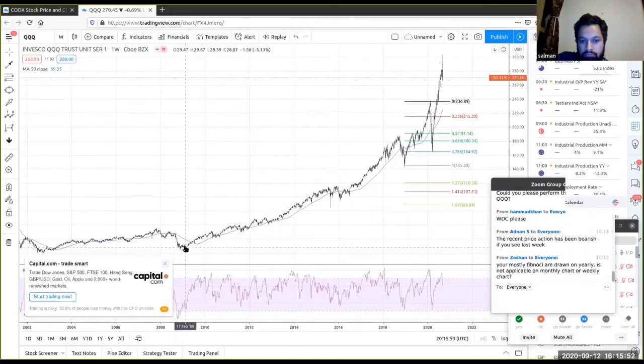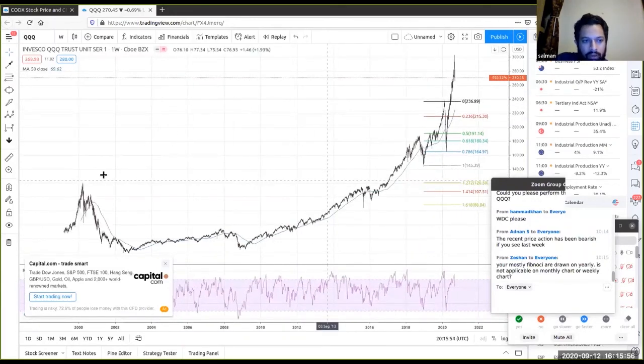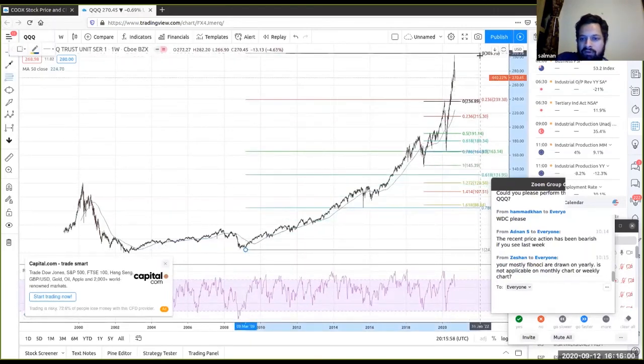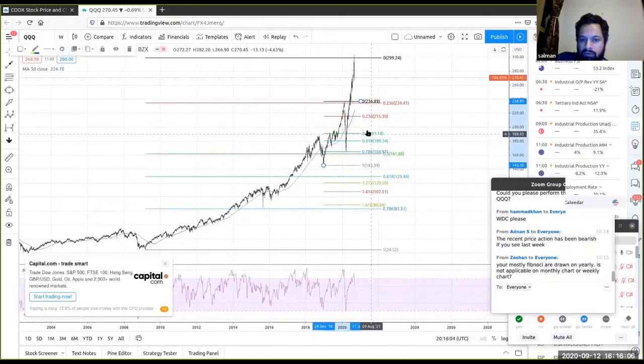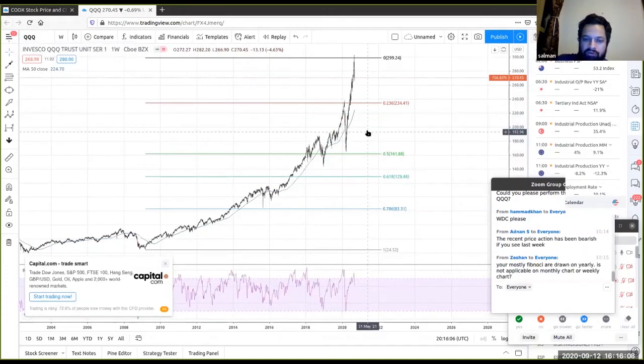So if I want to make a correction pattern on this one, I will start from this level and look at it on a very big level and see if we can do something about that, because this is where I should look for a correction pattern. But if so, I cannot.